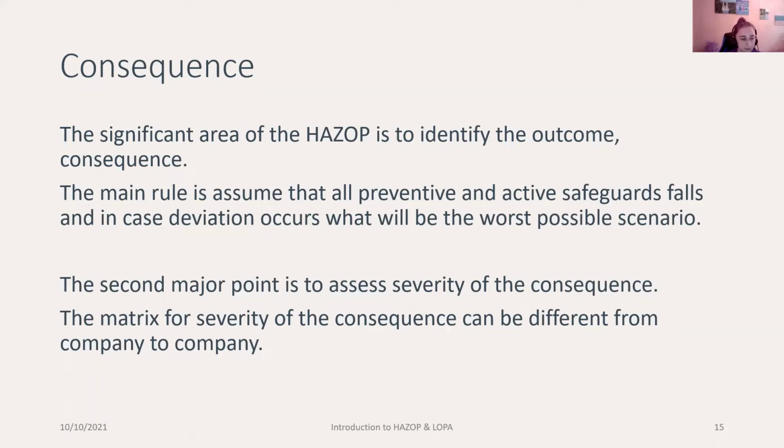It can be numbered, it can be colored, it can be totally different, but it goes from the lowest severity to the highest severity. Lowest severity is where there is no injury, nothing happened. That's regarding the safety area, because your severity can affect health and safety, environmental, and financial.